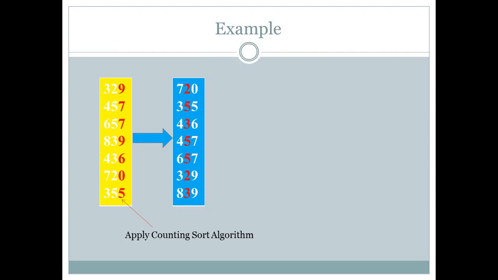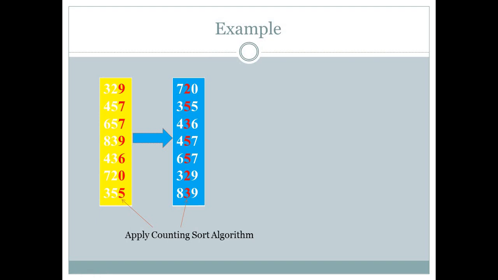So after the first counting sort, we will apply our counting sort algorithm on this second column. On the last column we have already applied it, so it is in sorted manner.